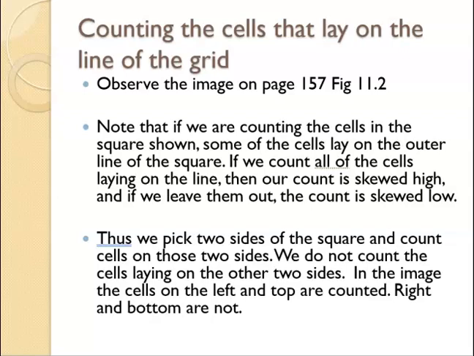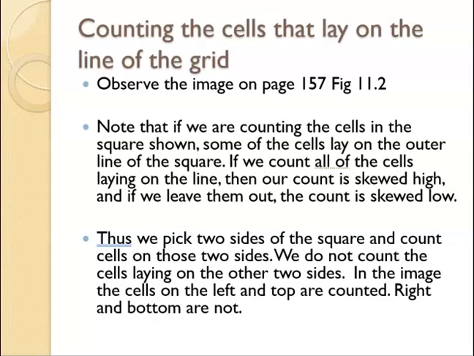On the opposite side, if we decide not to count any cells that are halfway on the line, then we're going to skew our number low. So the way we solve that is we pick two sides of the square and we count the cells on those two sides.